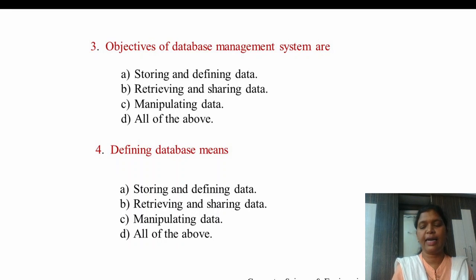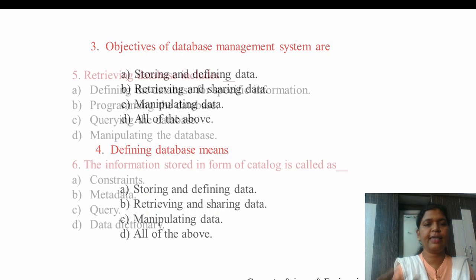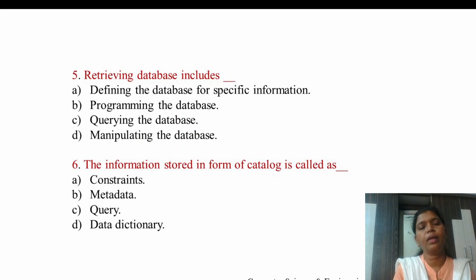Answered? Right. Let's go to the next slide. Fifth one, read it out. Retrieving database includes A, defining database for specific information, programming the database, querying the database, manipulating the database. Which one is true? Okay.